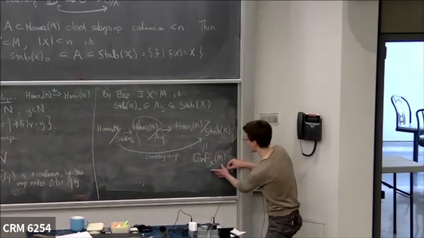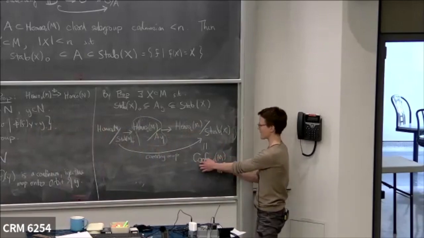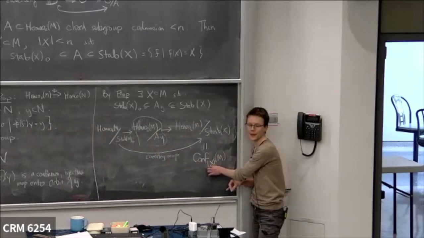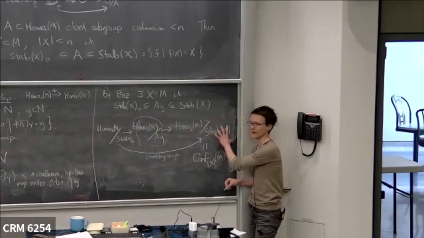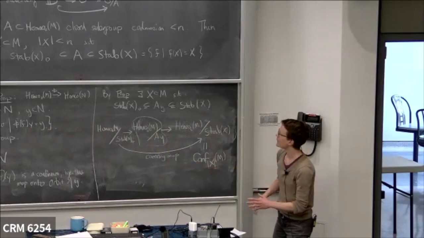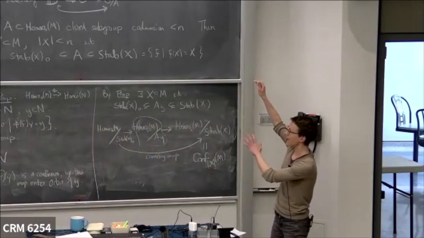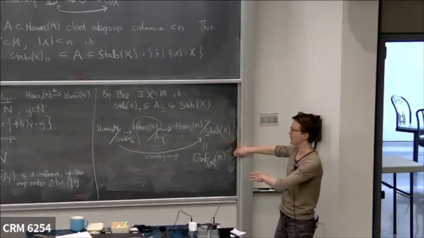Maybe I should say this is the configuration space of the number of points in X in M. Topologically, these will all be the same whatever size X has. So the theorem is really the proposition, just unpacked into the language of what we have to prove.